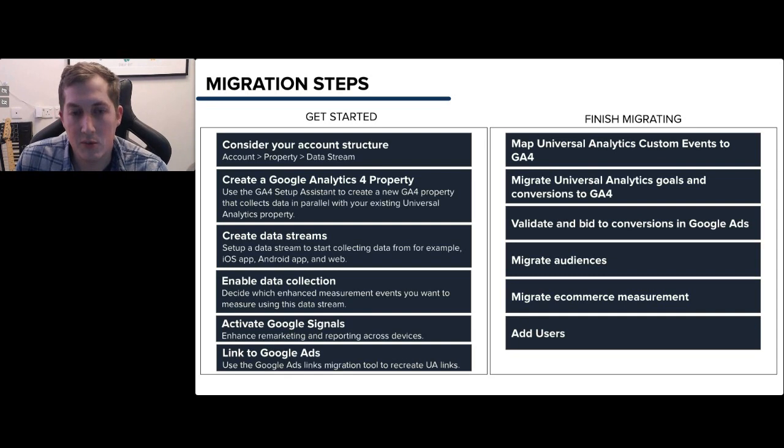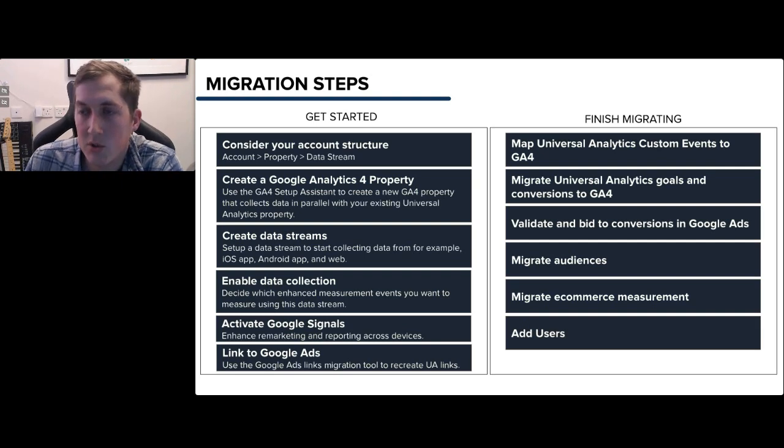And then moving on to migrating goals. That's one thing in GA4 that's quite important, particularly when you've linked your ad account and you want to import some conversion events in. There is a built-in tool. I forgot to mention that at the moment within GA4 admin, there's a migration helper tool, which acts as a really helpful checklist.